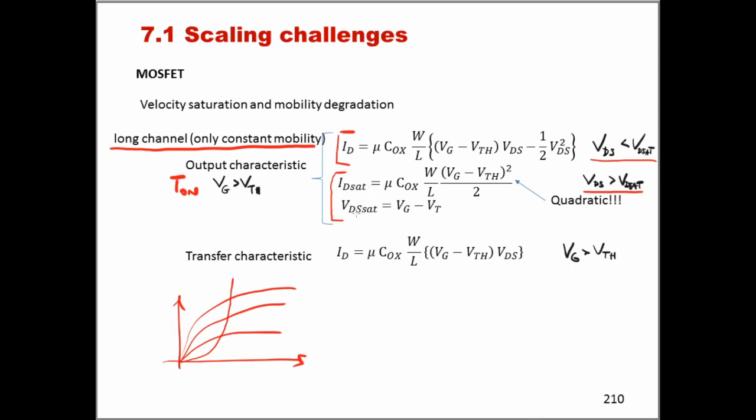If we look at IDSAT and we substitute VDSAT where we see Vg minus Vt, we can actually see that IDSAT is proportional to VDSAT squared. And that's exactly this parabola that we have seen many times drawn on top of output characteristics of long channel transistors up until now.